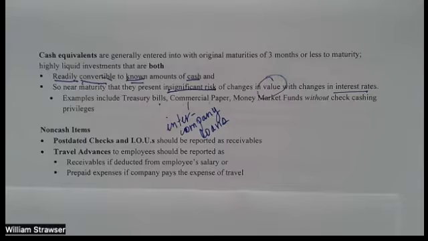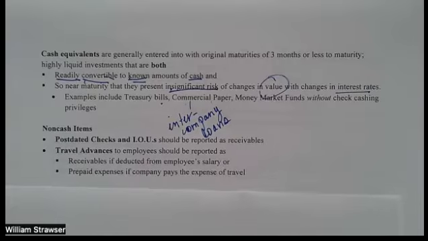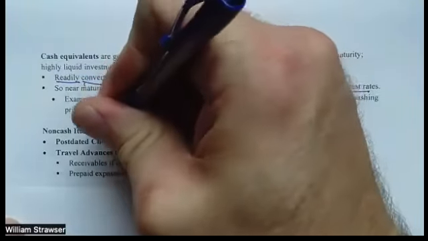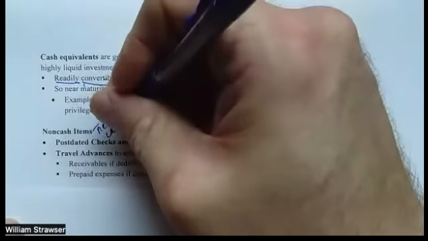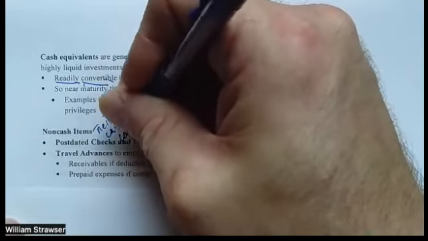There might be additional disclosure in the footnote though. There are also some receivable items. So these are not cash. These do not belong in cash and cash equivalents. They're neither cash nor cash equivalents.